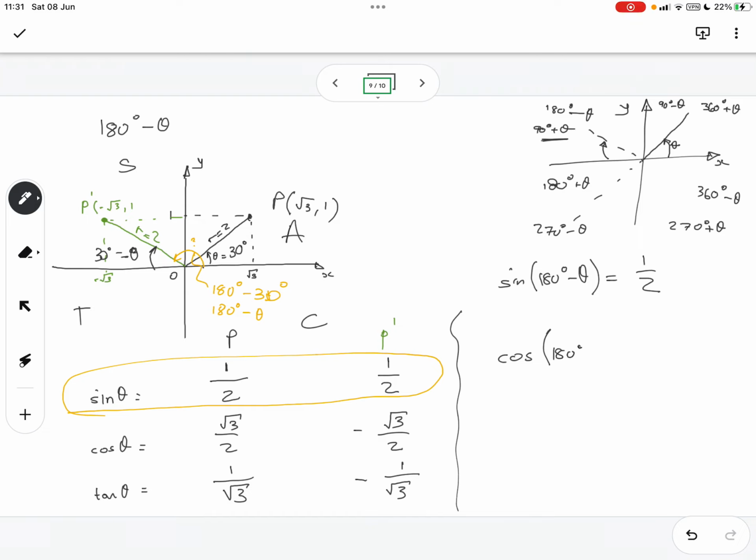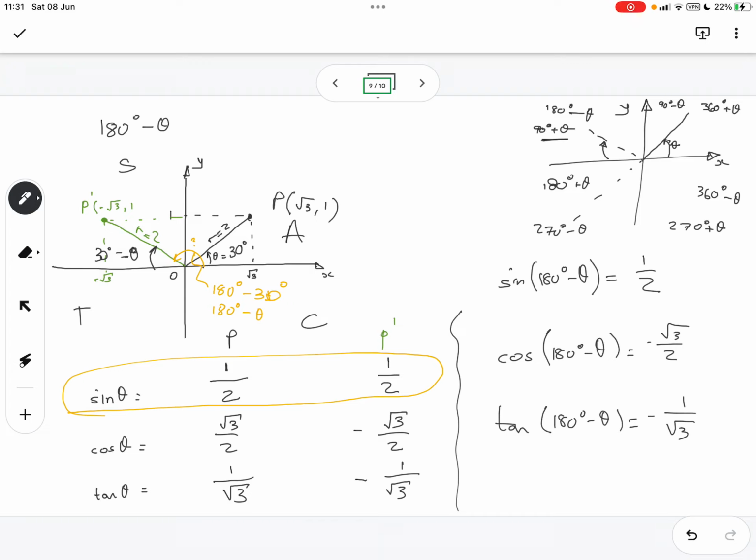So if we are using the coordinates of P prime to determine sine of 180 minus theta, then it's going to be 1 over 2 there. Then cos of 180 degrees minus theta is going to be negative square root of 3 over 2.